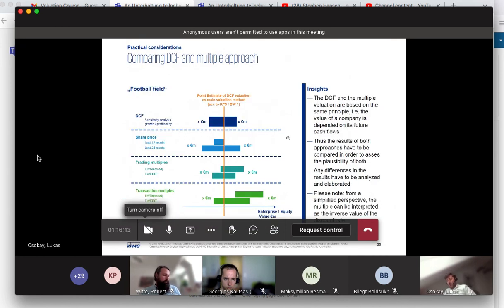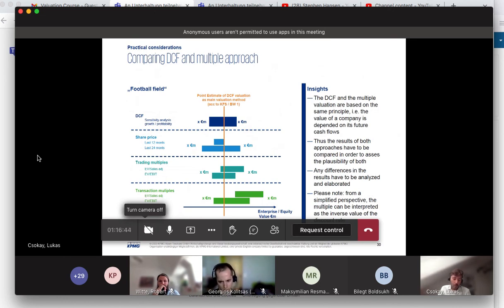But what's more important for the case study, I would emphasize, is that in the end, if you performed all of your different valuations using different valuation techniques, different approaches, you want to really show your results.